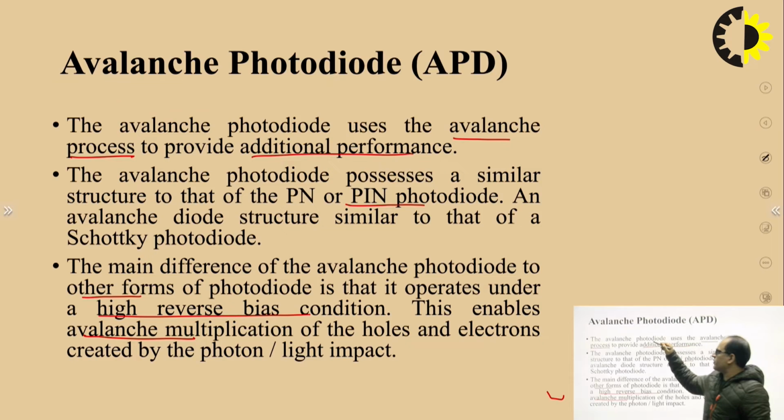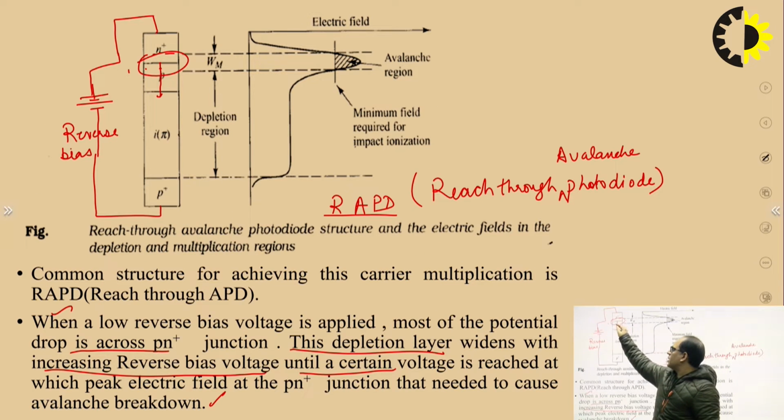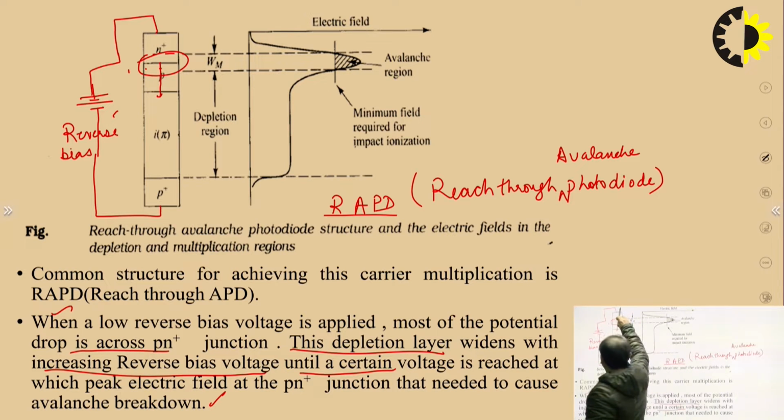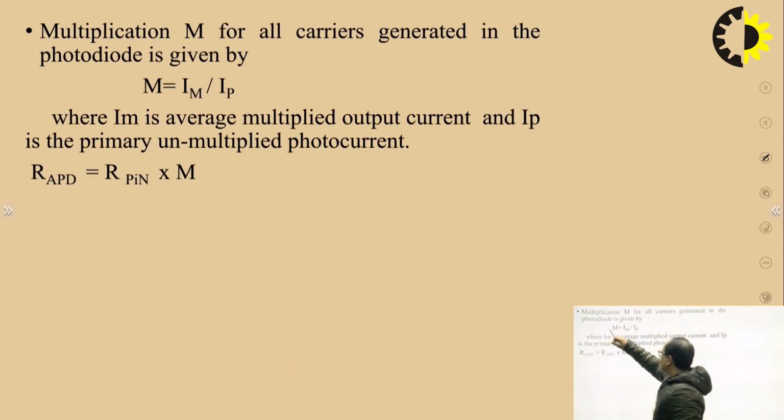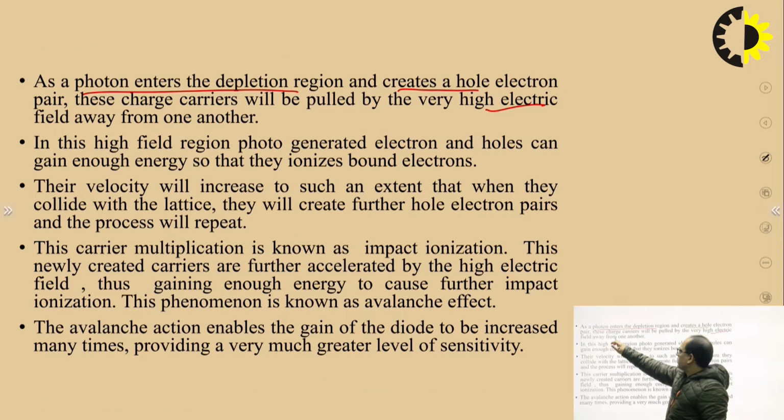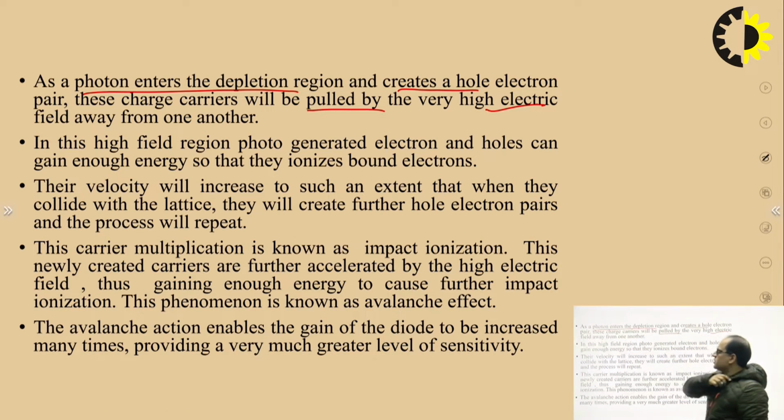As you know, when I provide a high reverse bias voltage, the electric field in this region gets higher, and when the photon enters this region, an electron hole pair is generated, and this electron hole pair gets pulled up by the high electric field region.